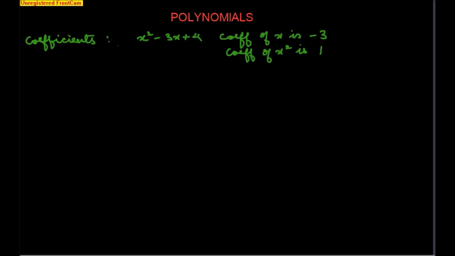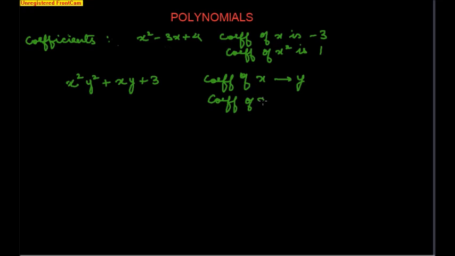Let us take more examples for the coefficients. If the question is x square y square plus xy plus 3, then the coefficient of x here is y and the coefficient of x square is y square.